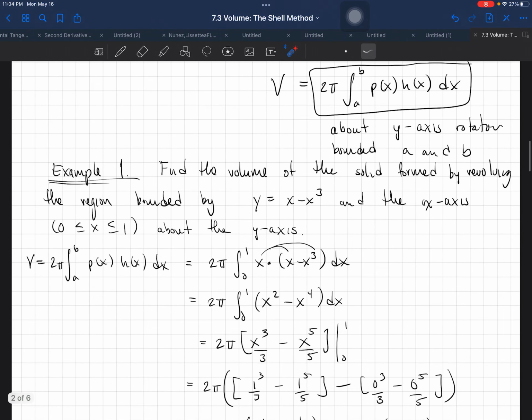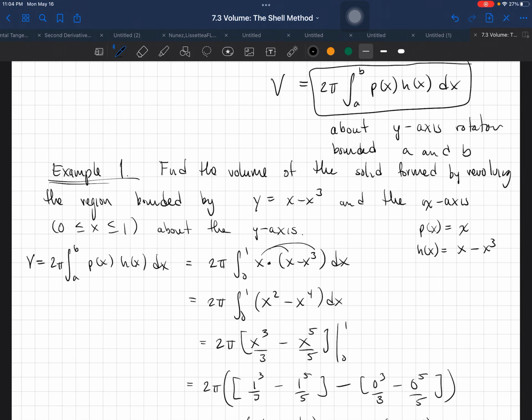So we put it all together. We know that p of x is x, and h of x, the height of the rectangle, is going to be x minus x cubed.